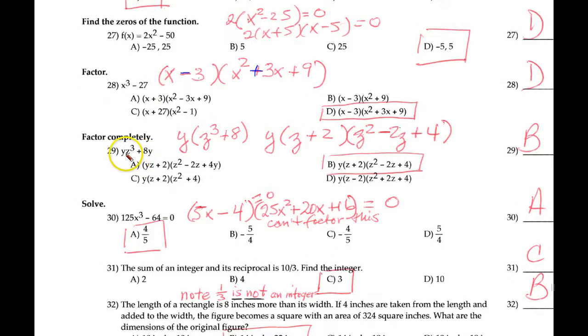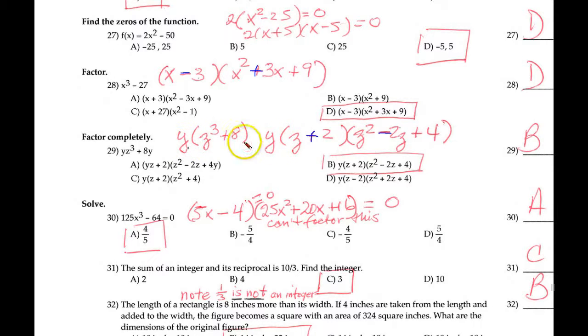Now for 29, we factor out the y. We get the sum of perfect cubes. Again, this part, we put parenthesis for 2, parenthesis for 3. Whatever sign is there goes here, and the opposite sign goes there.